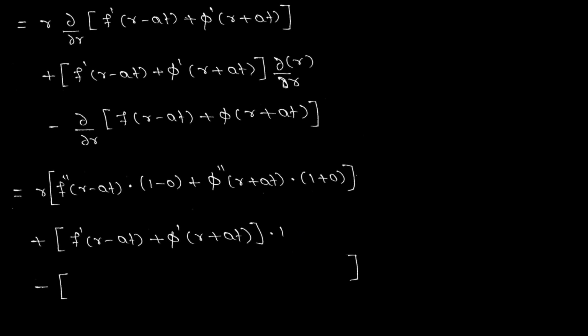Minus here. Let us differentiate this with respect to r now. Dou by dou r of f gives f dash first, and as usual this takes just 1, and differentiation of phi gives phi dash, and on chain rule differentiation of r plus at takes just 1.